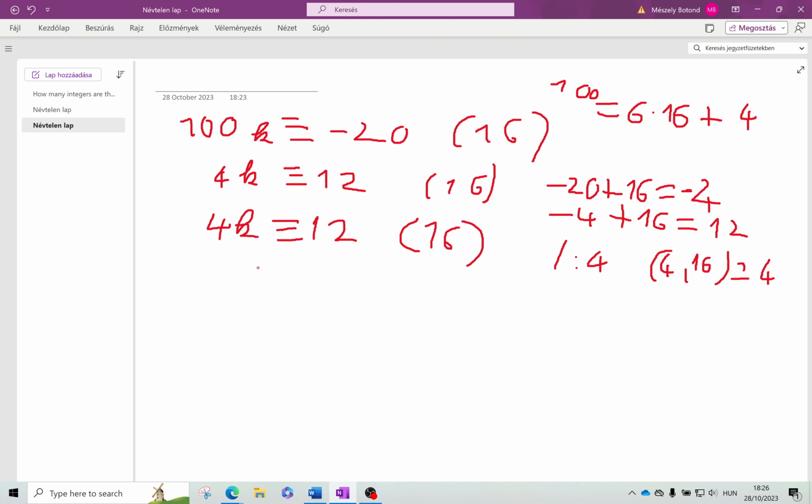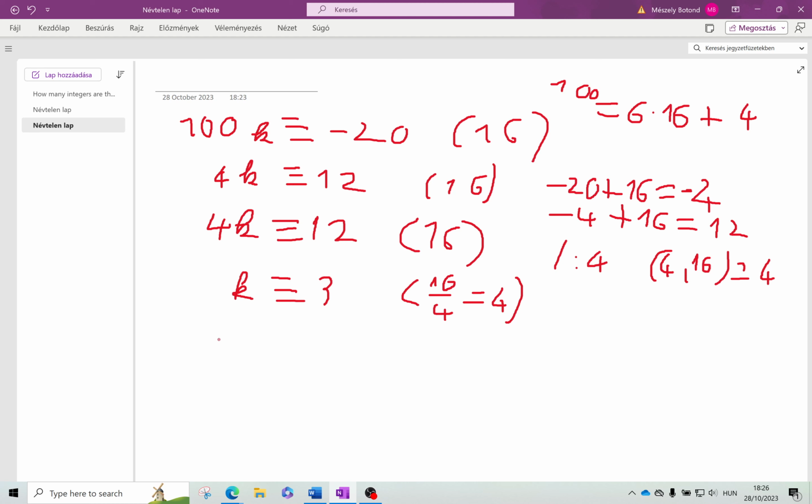Now, when we divide this whole equation by 4, we get k congruent 3. We also need to divide the modulus by 4, which is 4.